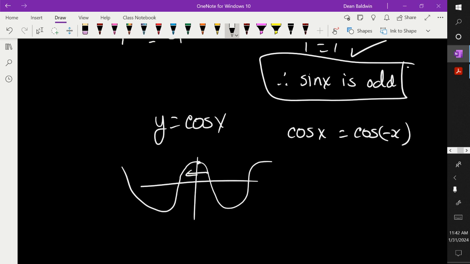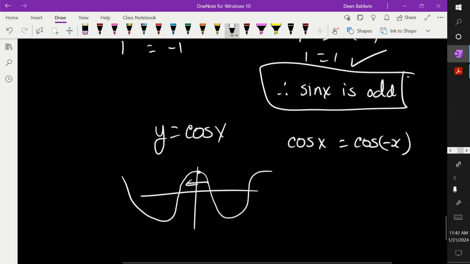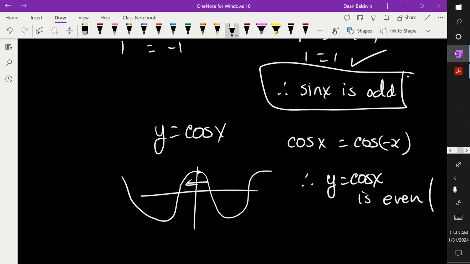So cosine is even. Sine is odd, cosine is even. Therefore, y is equal to cos of x is even. All right.